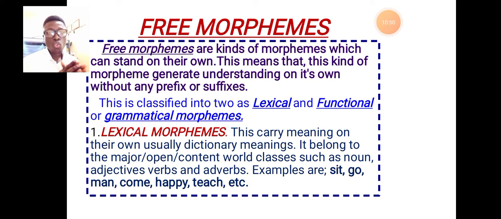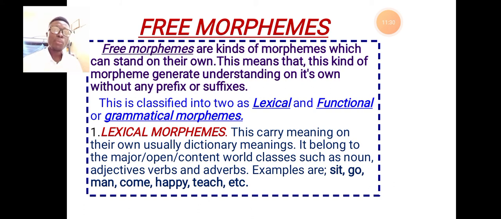Go is a verb that gives you a command. Just go, leave. It gives a clear understanding of the morpheme itself. So that is free morpheme. Unlike the bound morpheme, free morpheme is understandable. It is clear to understand.